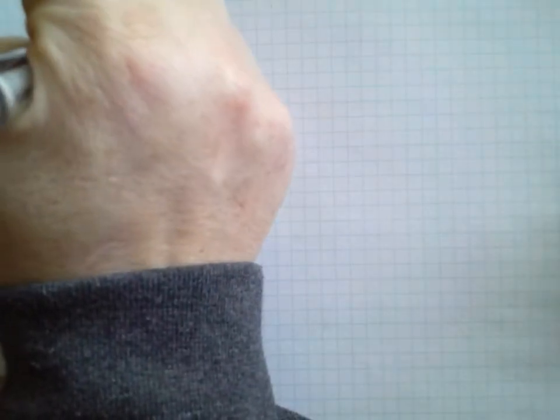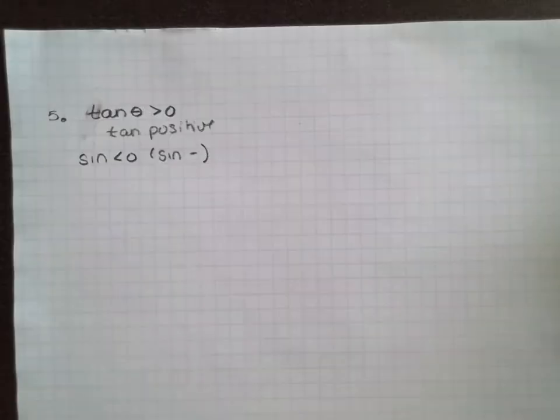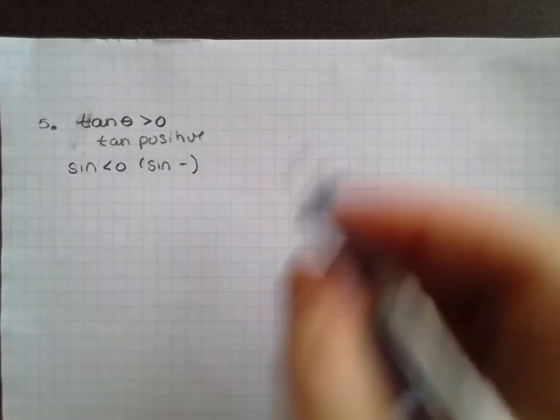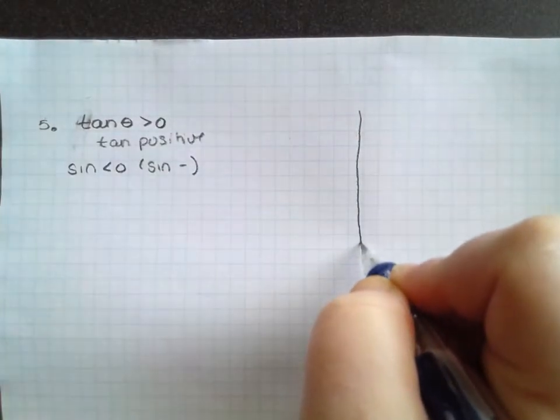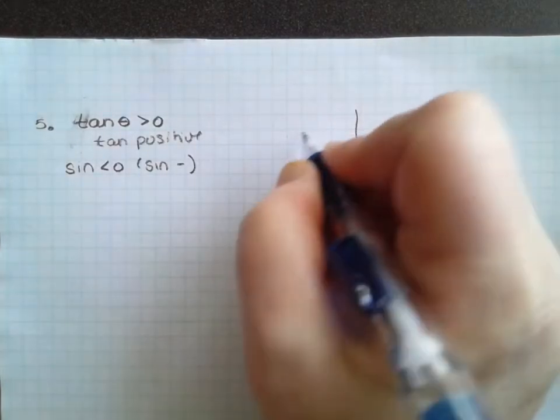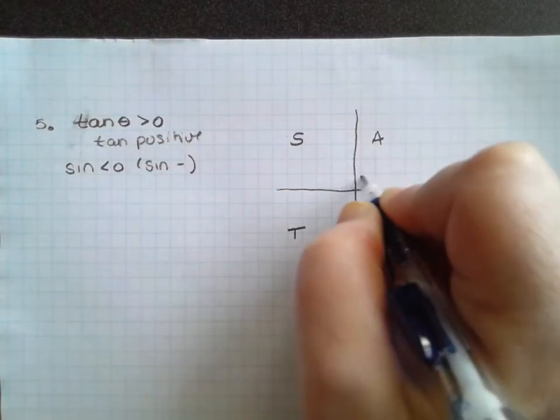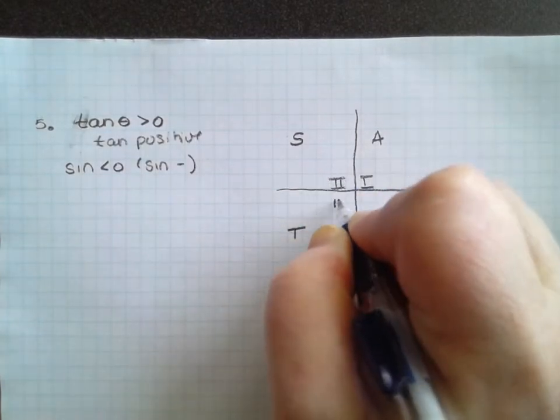So sine is negative. So let's go ahead and draw our little coordinate plane. All students take calculus. So this is 1, 2, 3, and 4.